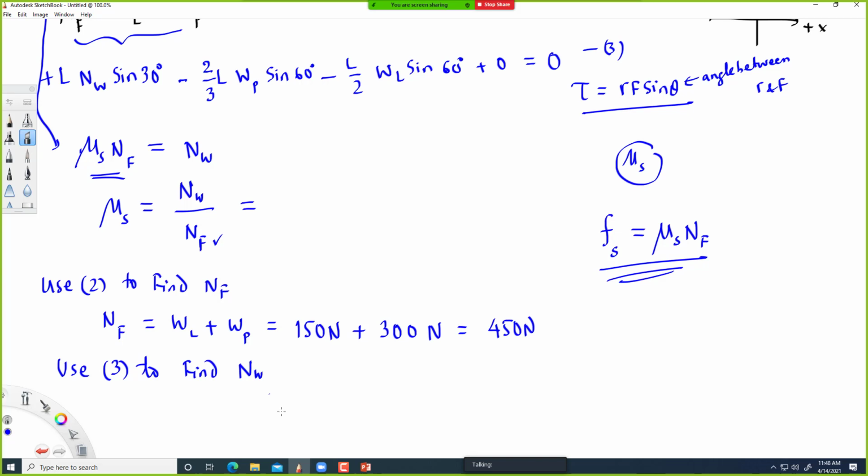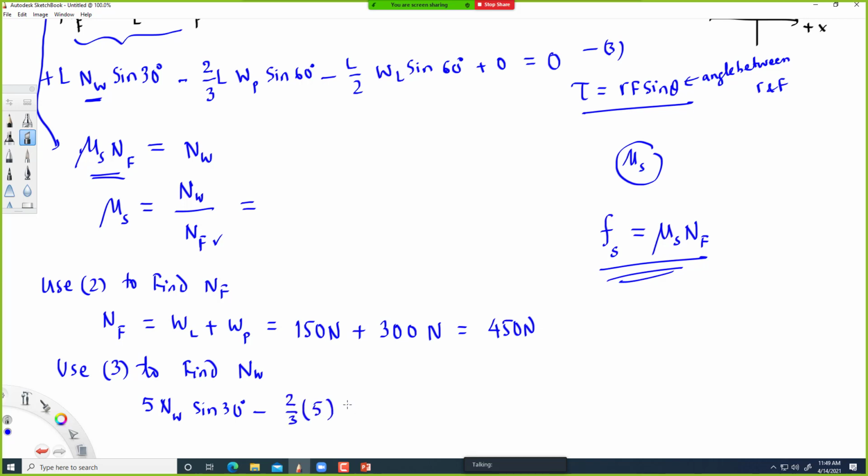Okay. So this is what we want to find. So plug in all the numbers. L, length of the ladder, 5 meter. I will not put the units, so I'll just use the numbers. NW sine 30 minus 2/3 L is 5 meter.